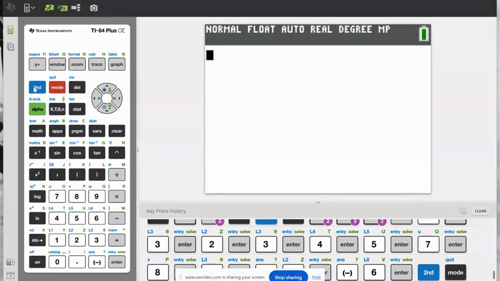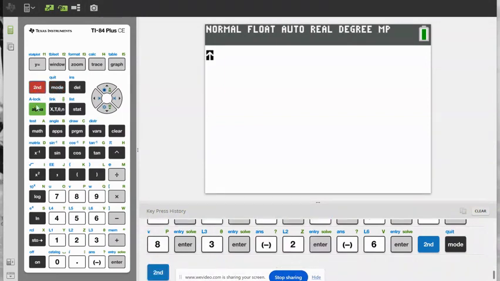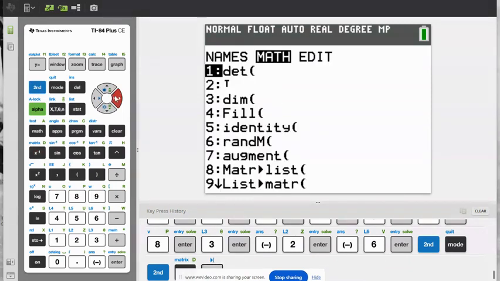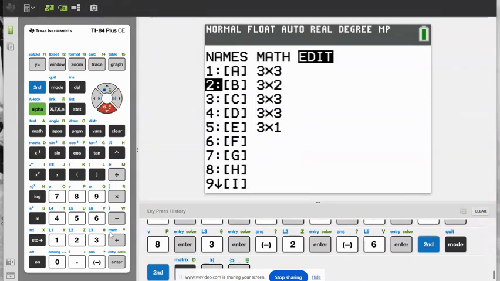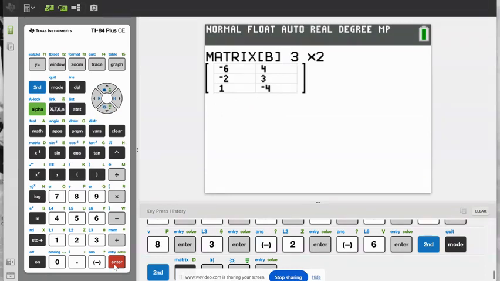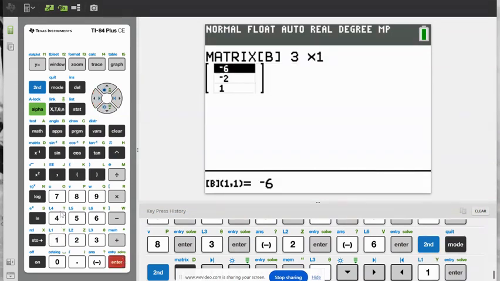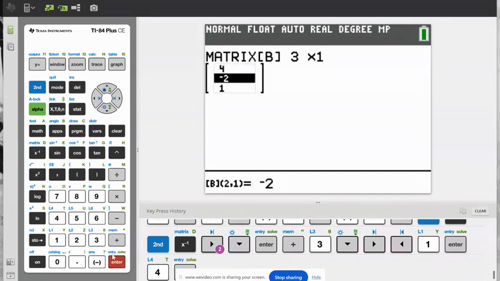And then I also have to enter in my solution matrix. So second matrix, I'm going to edit, and I'll call this one matrix B. And this one, what was this one? A 3 by 1. And so I'll enter in that 4, 9, 7. And then second quit saves it.